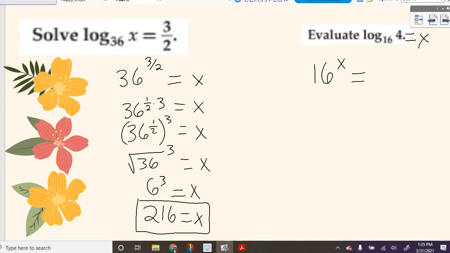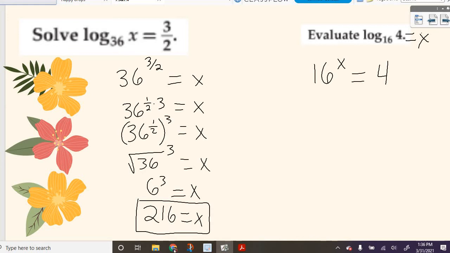And that's going to equal 4. Well, x is in our exponent. That's a little tricky. However, we just got done going over our exponential equations. And remember that the key for our exponential equations is if I can get my bases to equal the same thing, we can just rewrite and put our exponents equal to each other.